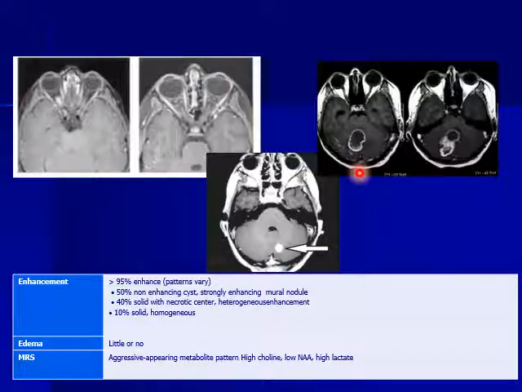Okay. The problem also is that the MRS of pilocytic astrocytoma, in spite of it being WHO grade 1, is very aggressive appearing, with very high choline, low NAA and creatinine, and sometimes you can see other metabolites denoting malignancy, such as lactate.